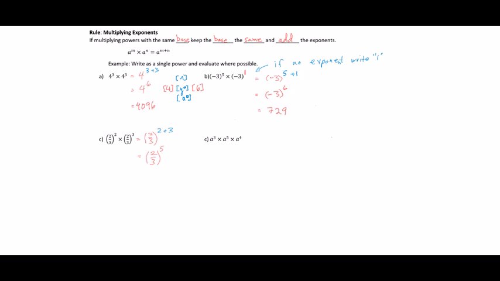Now, this is where a lot of you will fall. The key here is, because we have a fraction, the 5 applies to both the top and the bottom, because 2 over 3 is in a bracket.